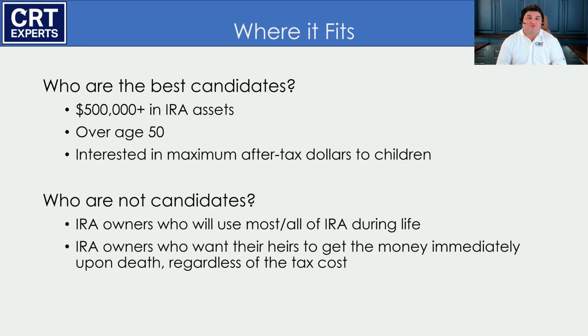We would not ever recommend setting up a CRT with $25,000. So there are some thresholds there that you can generally use to make sure that clients that fit the bullets there on the top have that large retirement plan. We're in many cases planning on using the stretch, tax sensitive, getting older. Those are good candidates, at least to be made aware of this opportunity to replace that old stretch.